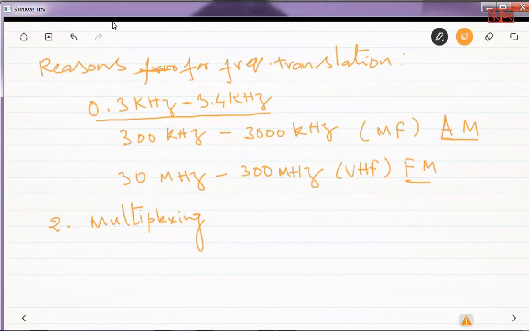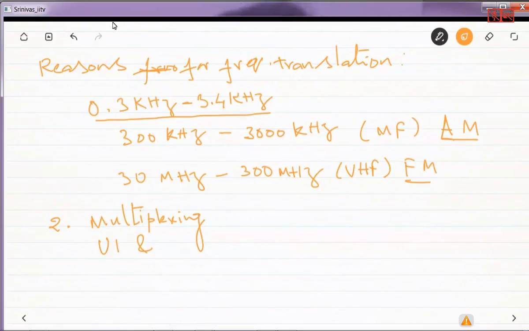But if these two signals are transmitted over the air, over free space, then they will interfere with each other heavily.